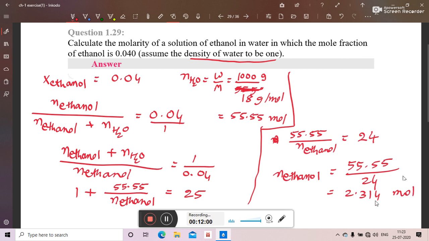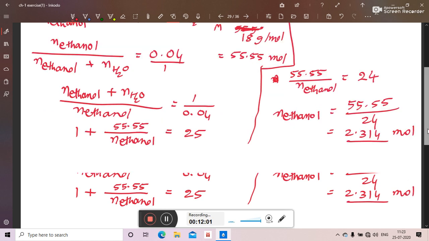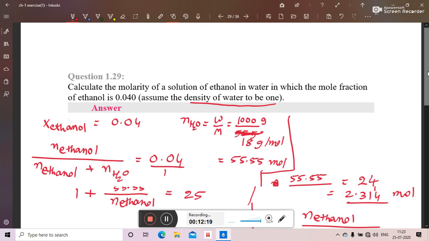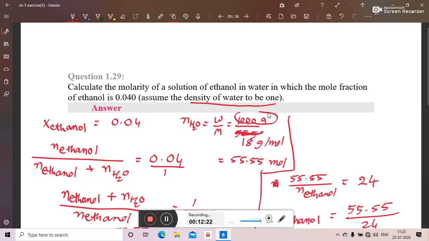Now we have to find out molarity of the solution. Now molarity equal to number of moles of solute. So we'll take number of moles of ethanol divided by volume of solution in liters. Now here we will see that volume of water is 1000 gram. Okay, that is 1 liter.